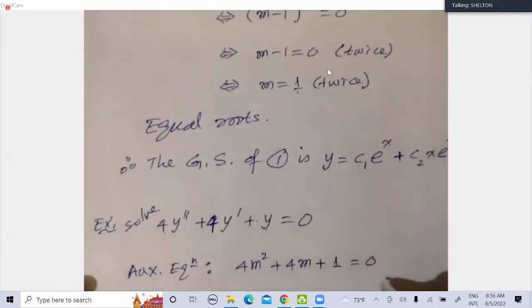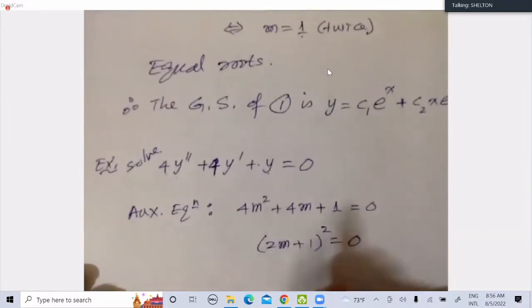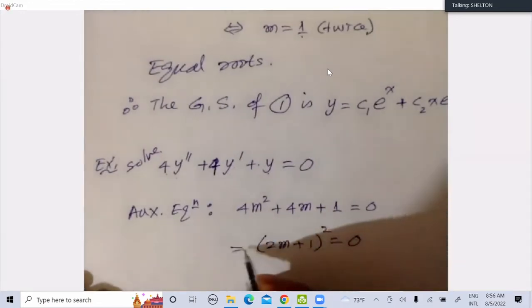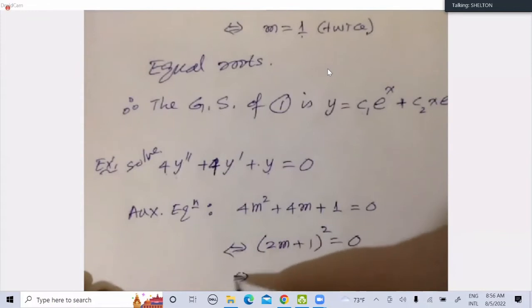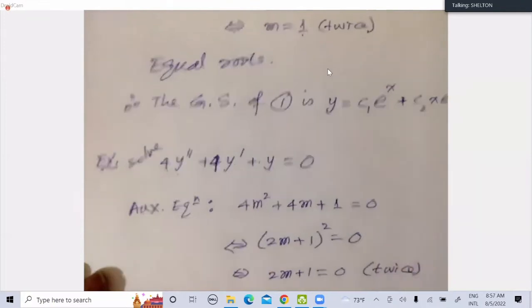Now, this also has coincident roots. That is the same as 2m plus 1 squared equal to 0. You recognize this. If you try to factor, you get 2m plus 1 times 2m plus 1. So from this, you get 2m plus 1 is equal to 0 twice, because it is the same factor.